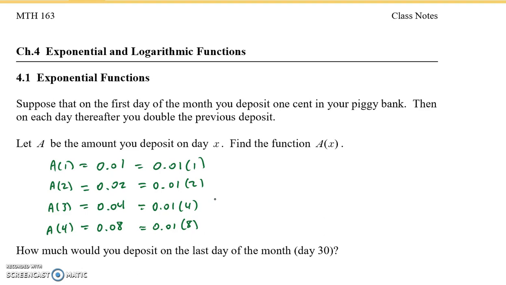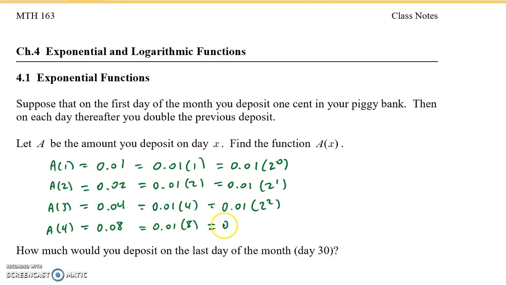And what we might note is that these numbers are powers of 2. 1 is 2 to the 0 power. 2 is 2 to the first power. 4 is 2 to the second power.